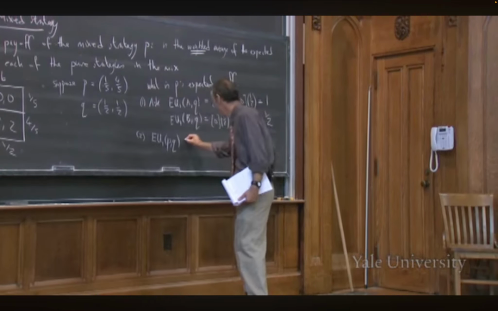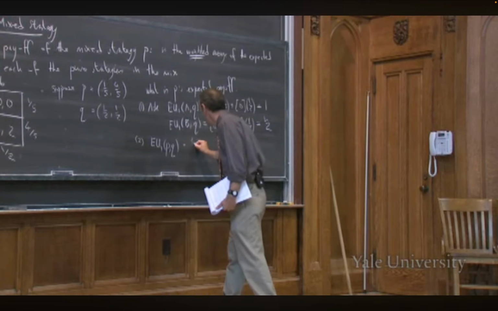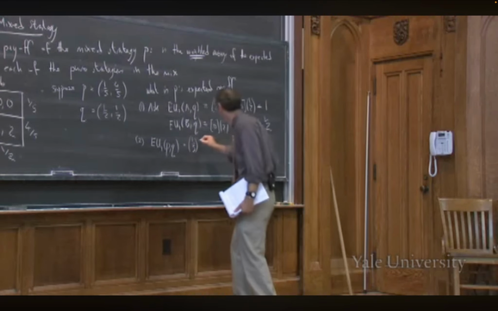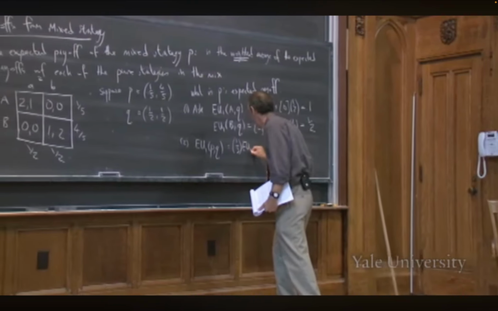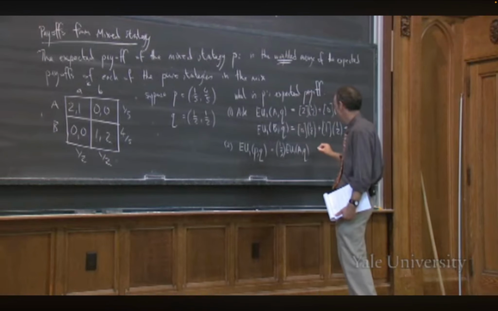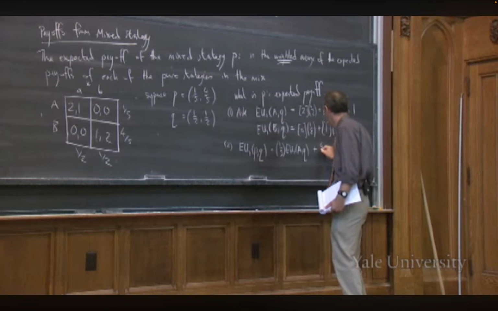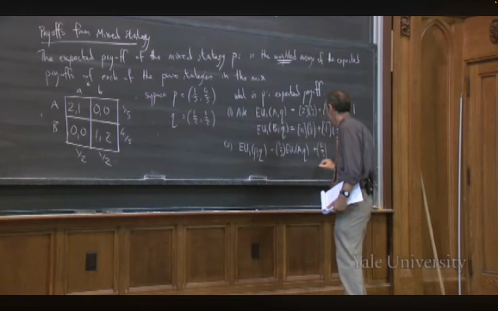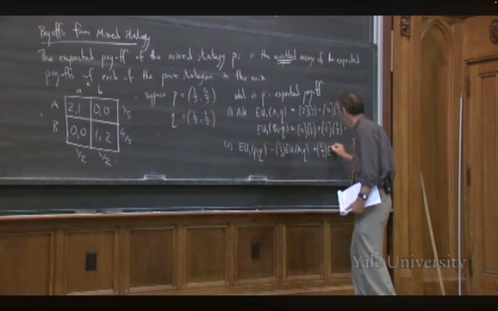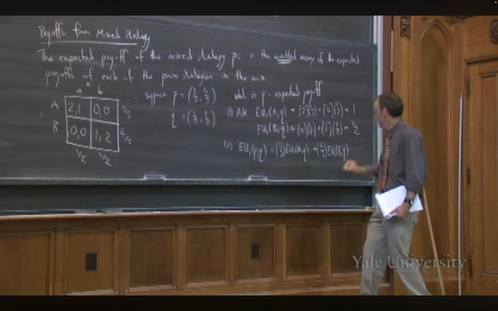So to work out the expected payoff, we take 1/5 of the time, in which case he's playing A, and he'll get the expected payoff he would have got from playing A against Q, and 4/5 of the time he's going to be playing B, in which case he'll get the expected payoff from playing B against Q.